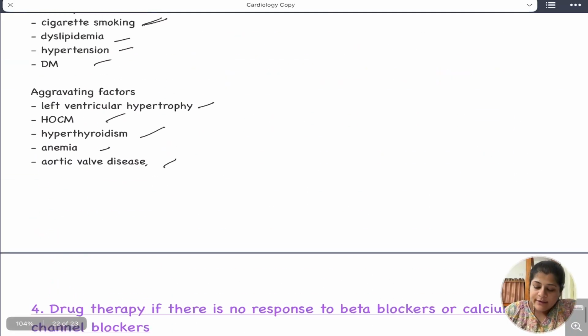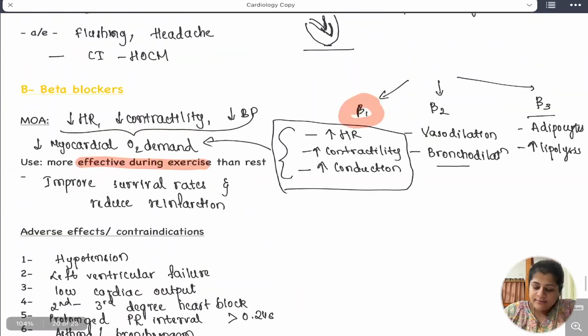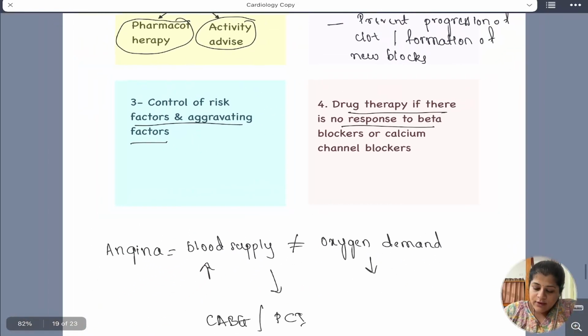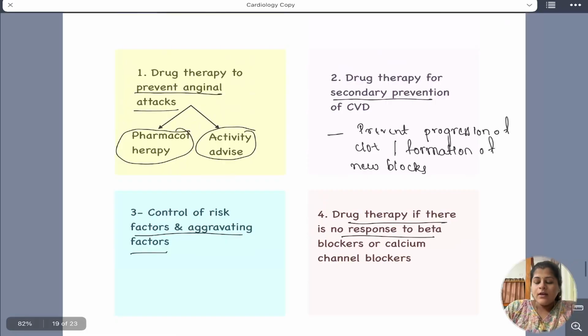I'll just quickly recap what all we learned till now. There are four major aspects. One is you control angina. You will reduce the episodes of angina. You will reduce the progression of clot or formation of new clot. Then you will control the risk factors and aggravating factors. If there is no control with first line, you will add second line medications.